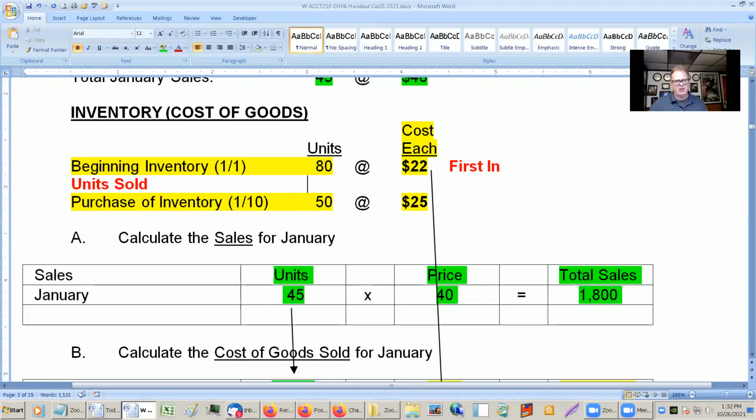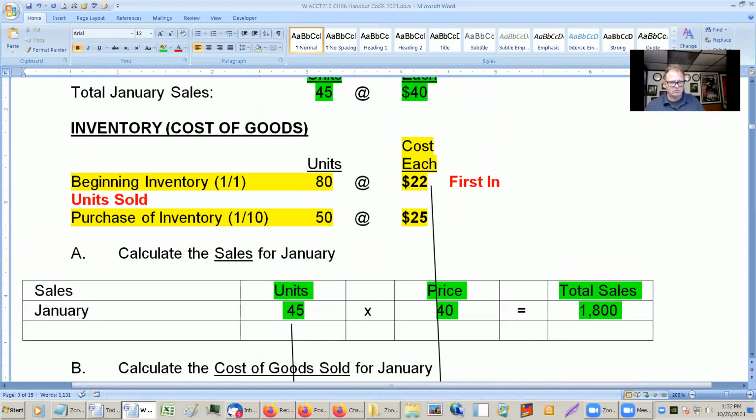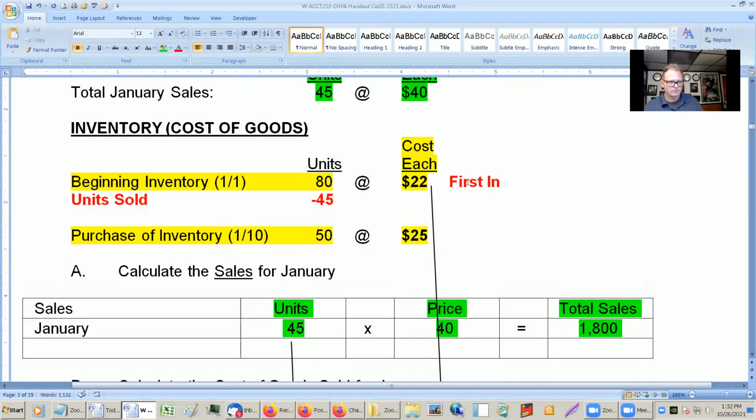Of these 80 units, we sold 45. So the beginning inventory no longer has 80. Beginning inventory has 35.